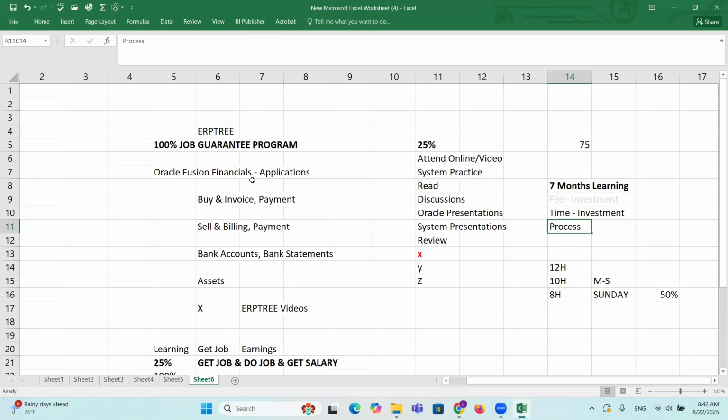The company will use Oracle Fusion Financials applications to maintain finance-related details like maintaining invoices and recording payments. How this application can help the company, that we will learn, and we will help the companies use this as per their business.